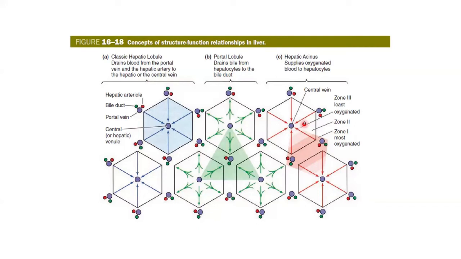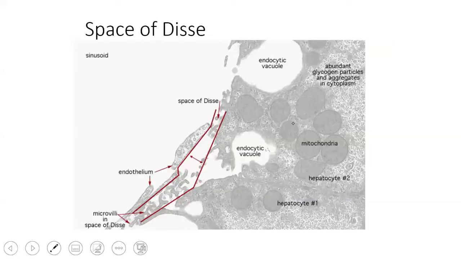And if there is an obstruction of blood supply to the liver, the most susceptible area to be damaged is zone 3. So here you can see the space of Disse between the endothelial cells and the hepatocytes.